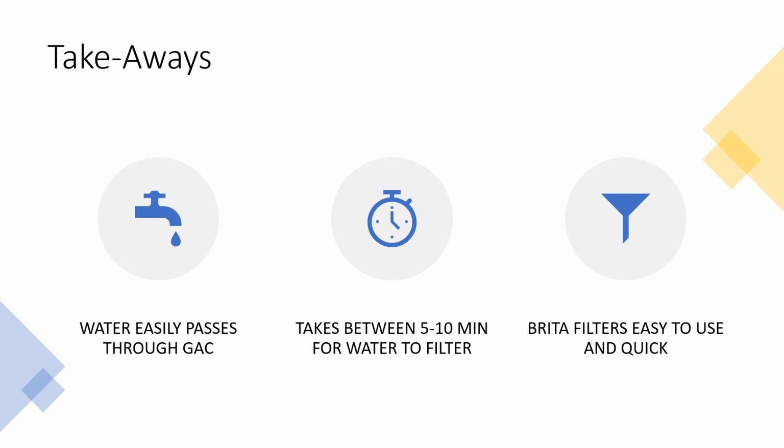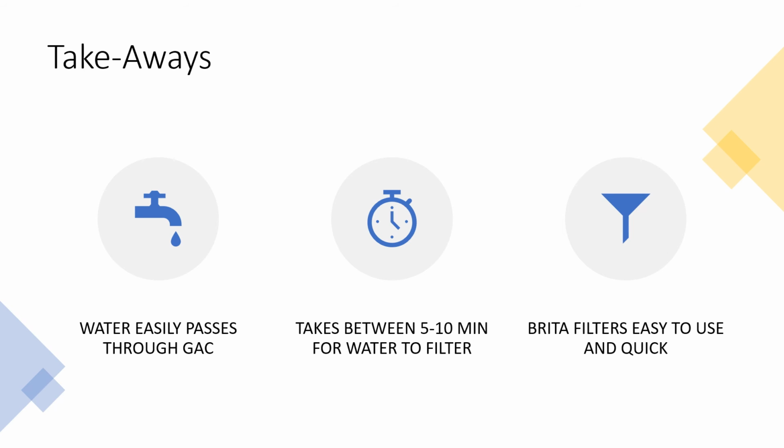The takeaways from this model are that water easily passes through granular activated carbon. Good thing it does, because without that, Brita filters would not work and it would be very difficult to filter water for commercial use. Another is that it takes roughly 5 to 10 minutes for the water to completely filter through the filter stack.